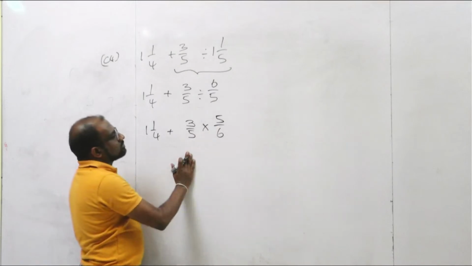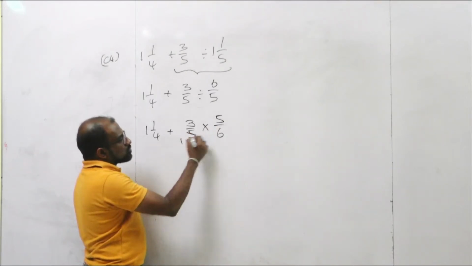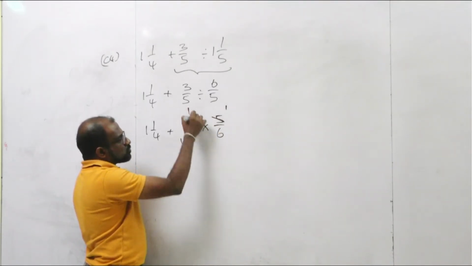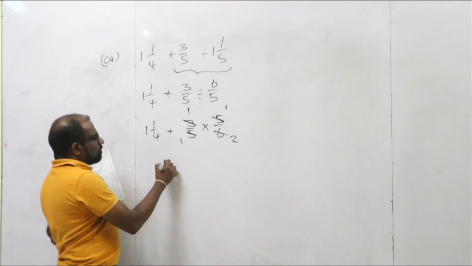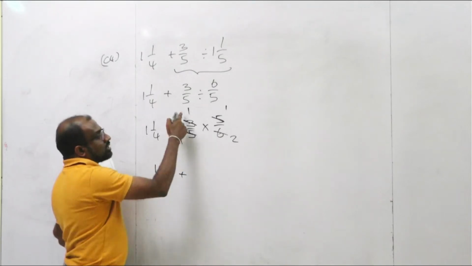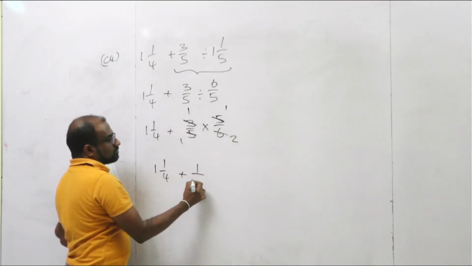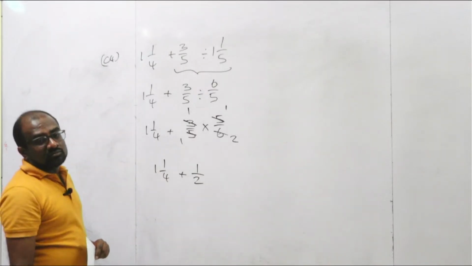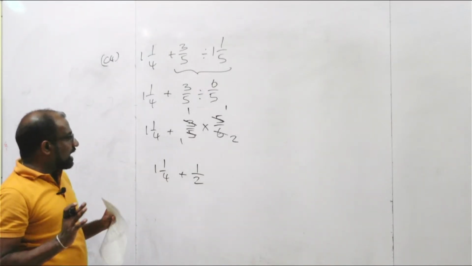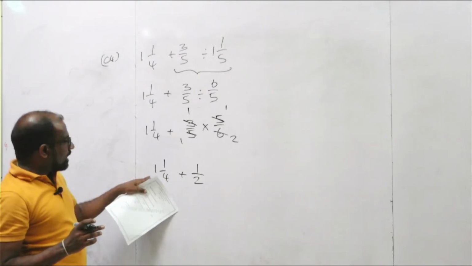Right? So then you can simplify. 5 times 1, 5 times 1. 3 times 1, 3 times 2. So what is this? 1 over 4 plus 1 times 1, 1, 2 times 2, 2. You can just think and write the answer: 1 and 1 over 4.